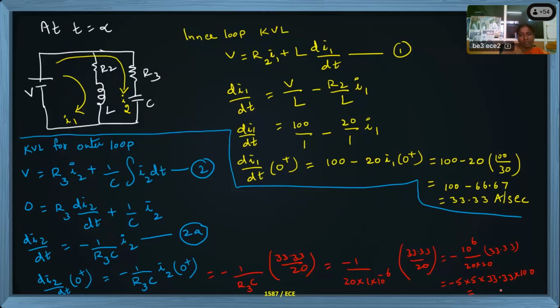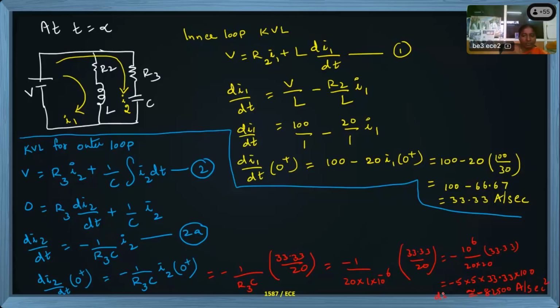And it is more than that, because I have taken 30 approximate. It is 33 actually, which gives 165 into 5, 825, 825 double 0. Approximately I will write minus 82500 ampere per second square.